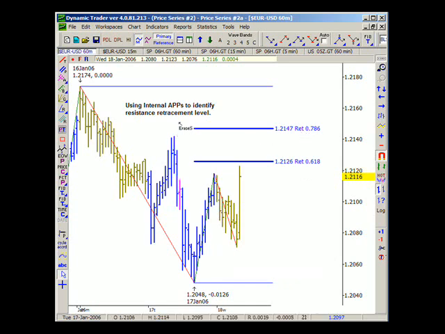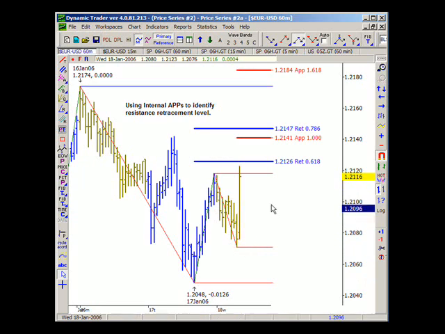So we can do our internal alternate price projections, and we do those by measuring from the low where the retracements began to the first swing high, and then making the projections from the next swing low. So we've measured the range of the first rally, and then we've multiplied that range by our ratios and made the alternate price projections from the second low.